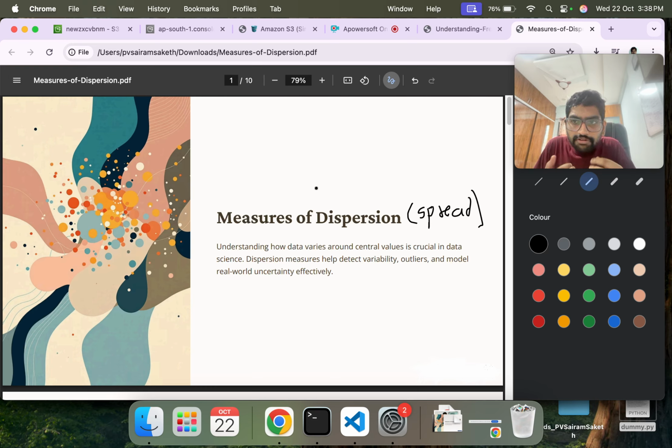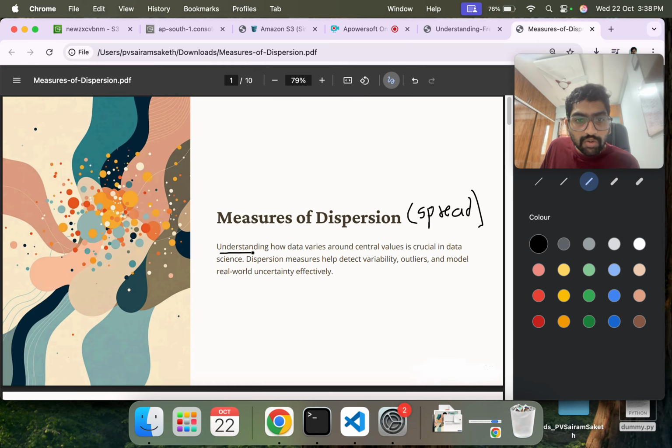How the data is spread around the center value is what measures of dispersion will tell. So, what is the difference between measures of central tendency and measures of dispersion? Measures of central tendency will tell the exact center value of the data, but measures of dispersion will tell how the data is in the surrounding values of the center. This is what measures of dispersion says.